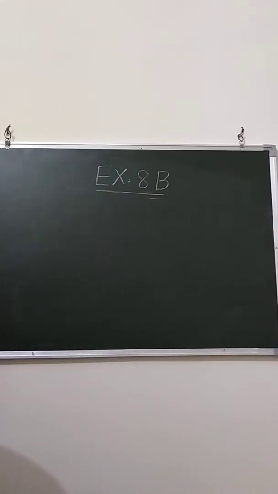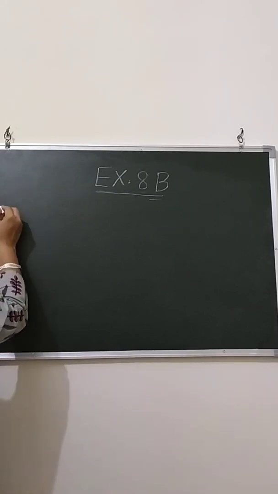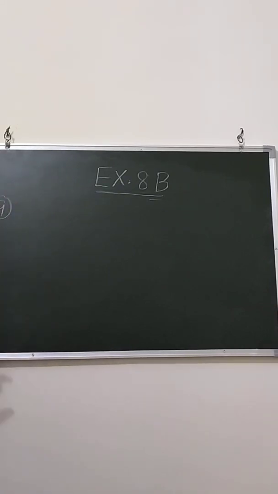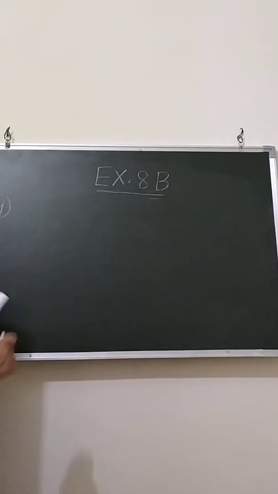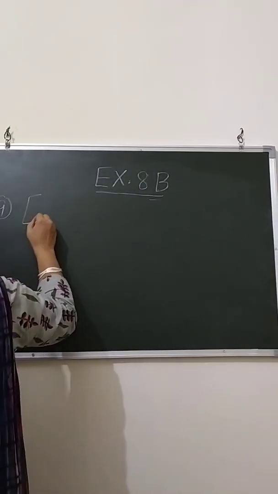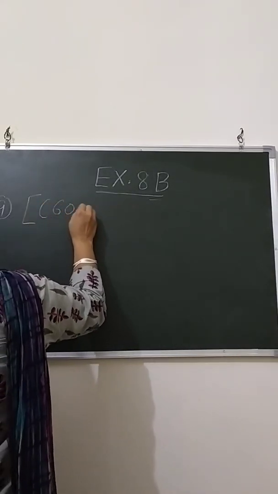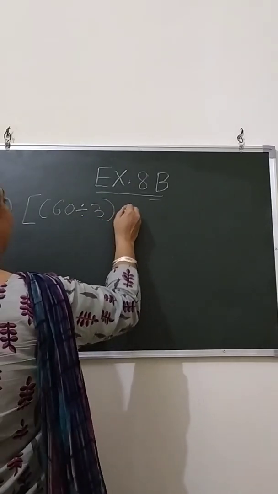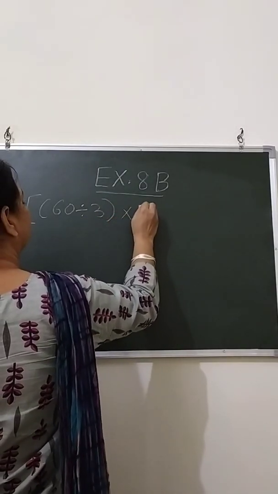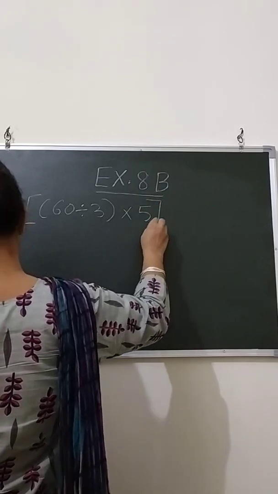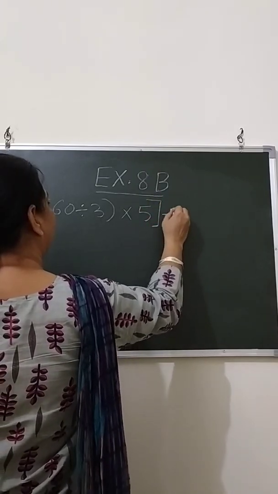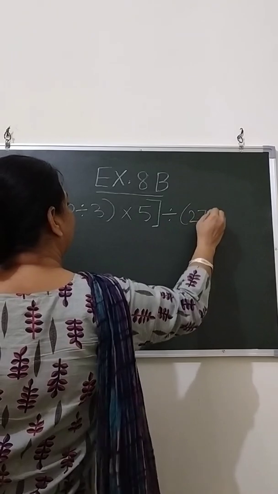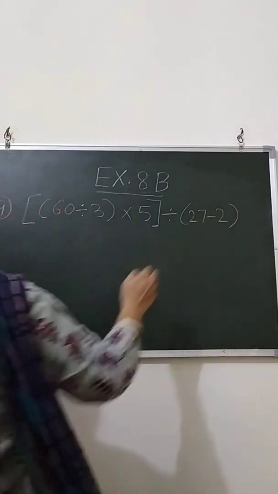Come to the next question, number 9. This is 60 divided by 3, multiply 5, divided by 27 minus 2. This is the question.